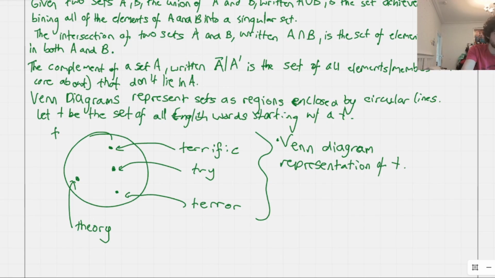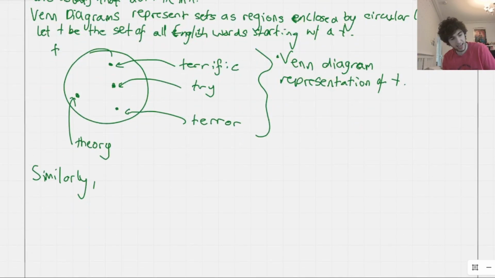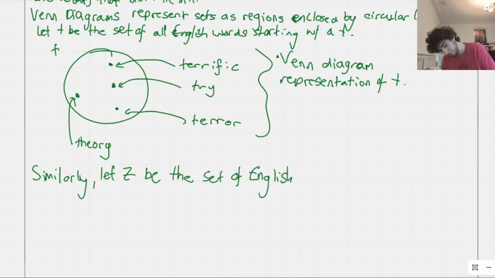Awesome. Okay. So similarly, and I'm doing this for a reason, we're going to invoke a new set, Z. So let Z be the set of English words that end with a Z. A Venn diagram representation of that set might be as follows.